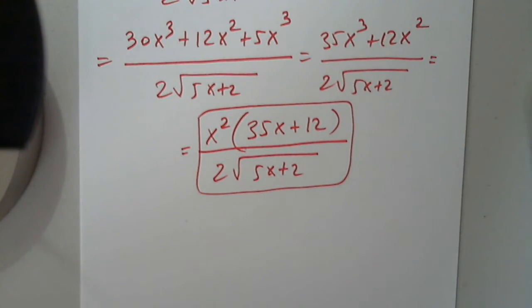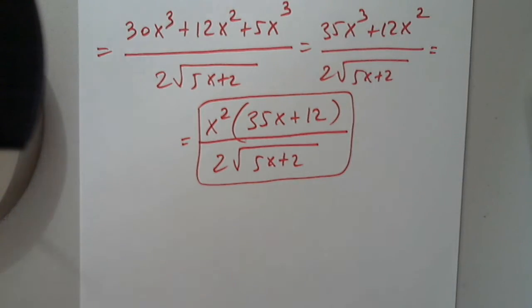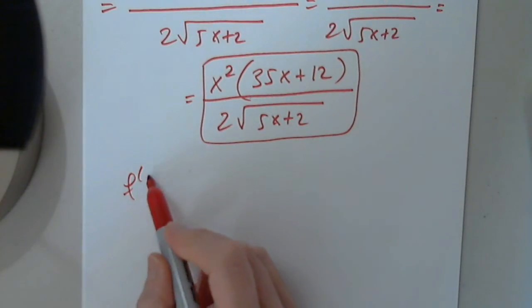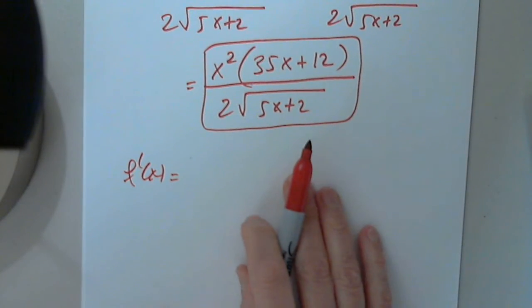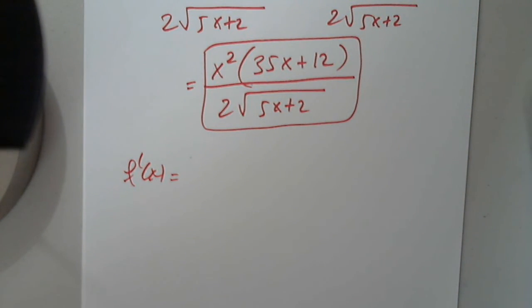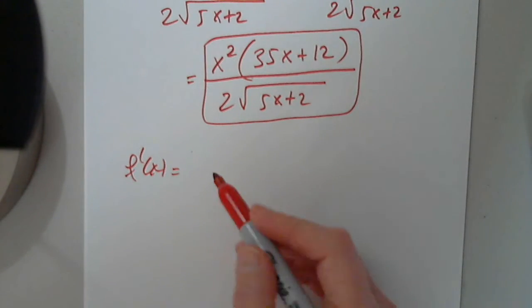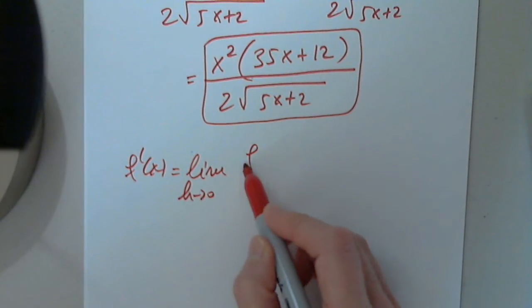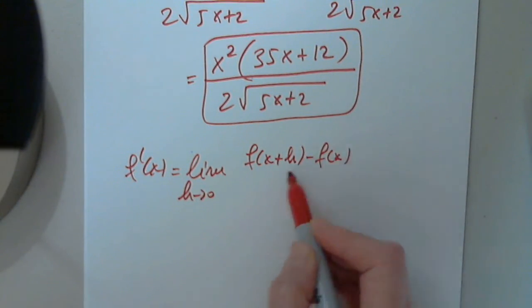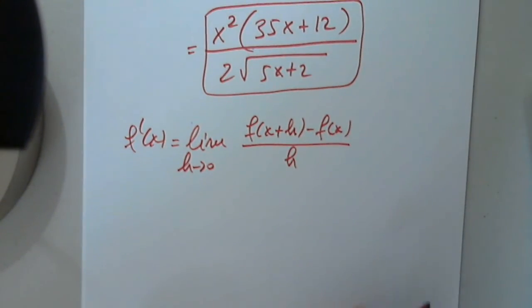Just a bottom line understanding of the topics and how to apply the rules, how to find f prime of any function using the difference quotient, the limit as h approaches 0 of f of x plus h minus f of x divided by h. Nothing fancy, but you have to use this.